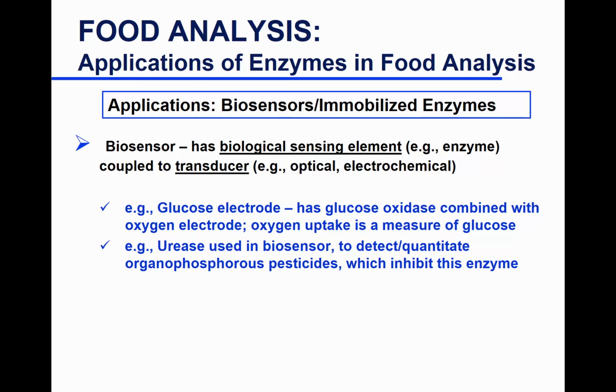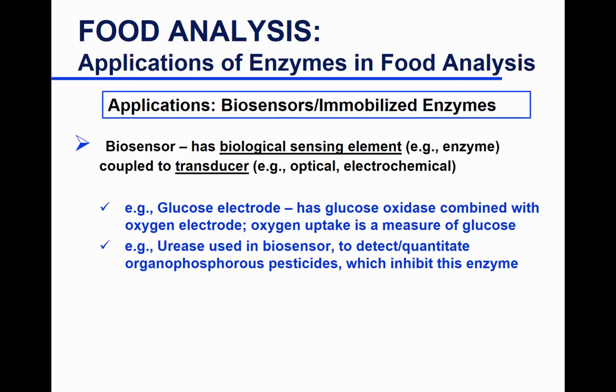Another example is urease immobilized on an electrode, and urease is inhibited by a pesticide. Is there another example? Like I heard in lactose-free milk, do they have immobilized lactase to determine the amount of lactose? Not determine, but just hydrolyze the lactose. Is that what they are using in the lactose-free milk?